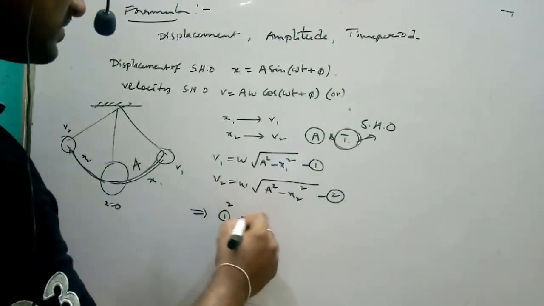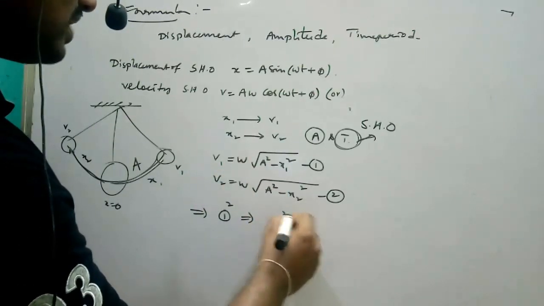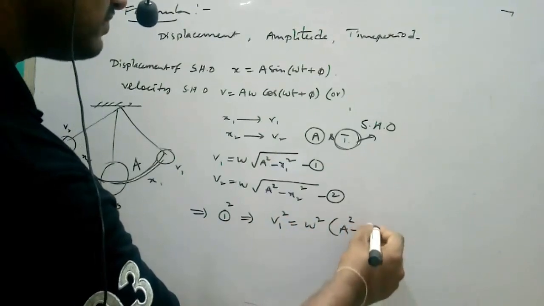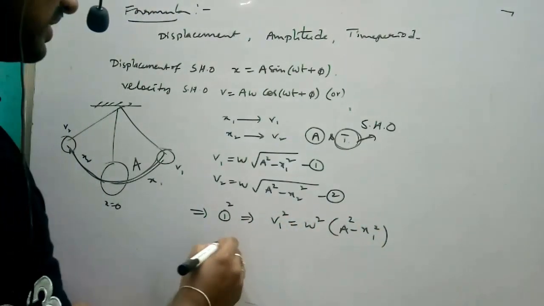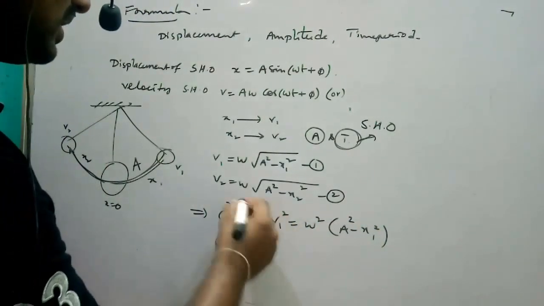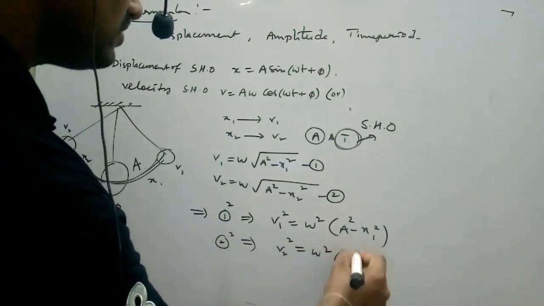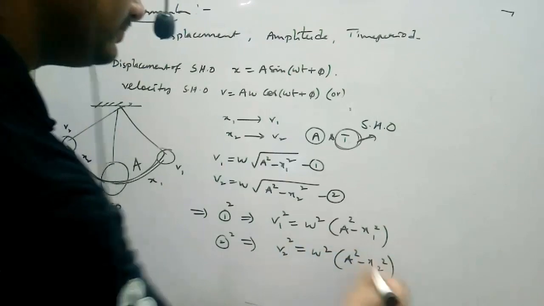Squaring the first equation, we are getting v1 square equal to omega square of a square minus x1 square. Squaring equation 2, we are getting v2 square equal to omega square of a square minus x2 square.